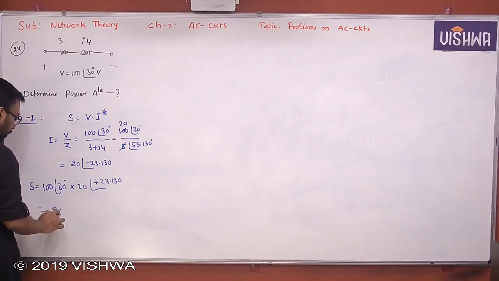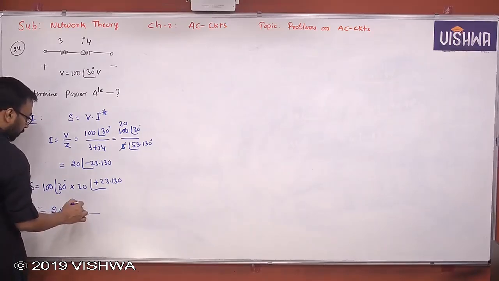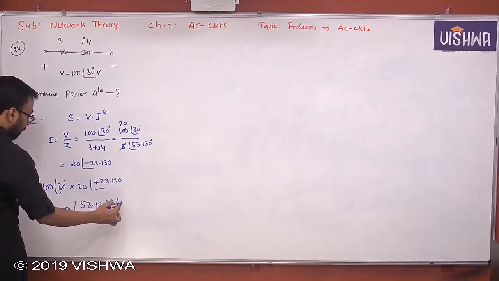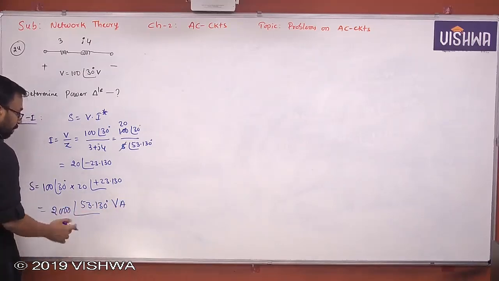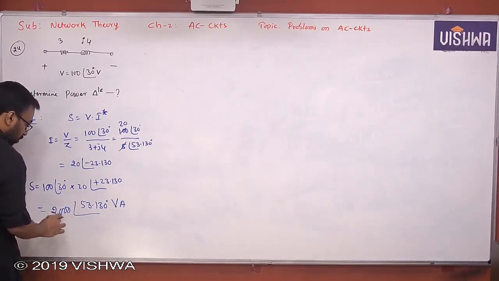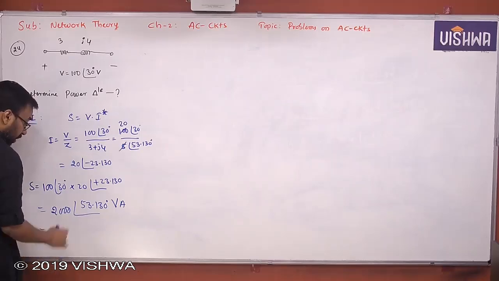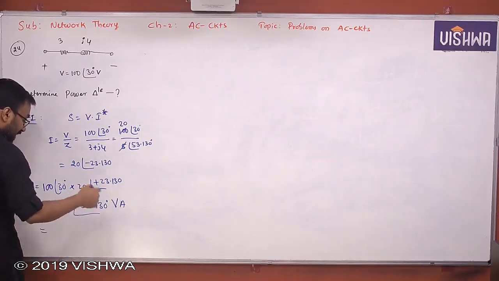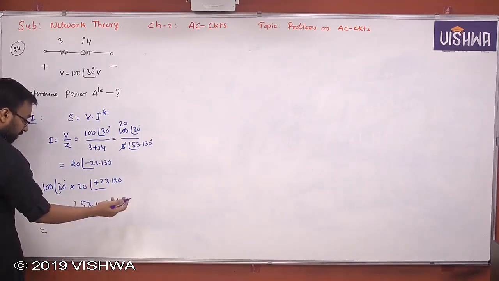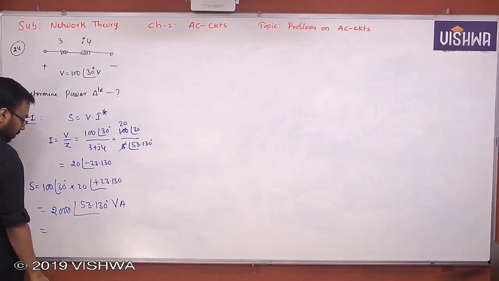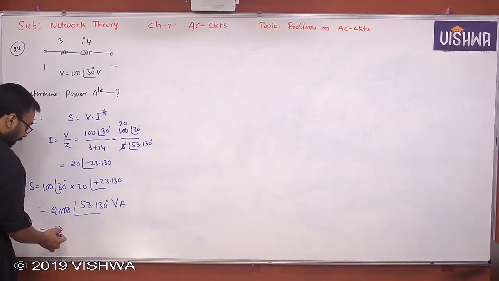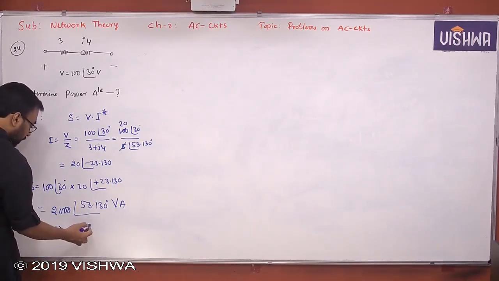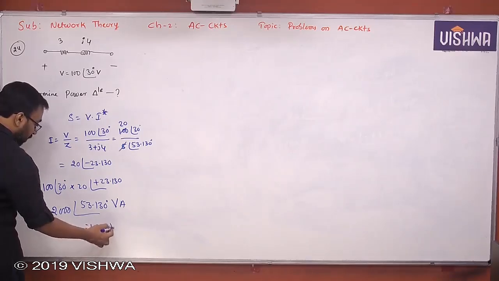So 2000 at an angle of 53.130 volt ampere. The real part is 2000 cos 53.130. The imaginary part is plus J 2000 sin 53.130. So finally you get 1200 plus J1600 volt ampere.